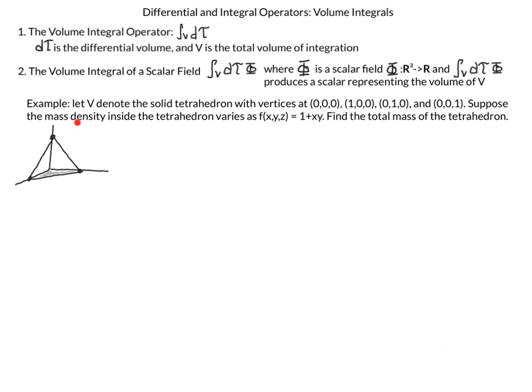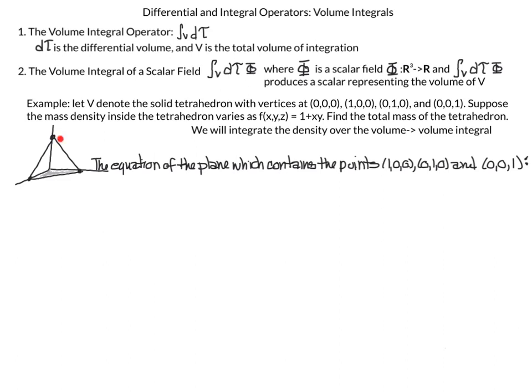So suppose the mass density inside the tetrahedron varies as f of x, y, z equals 1 plus x times y. Find the total mass of the tetrahedron. So what we're going to do is integrate this density over the volume, which is why we have the volume integral.